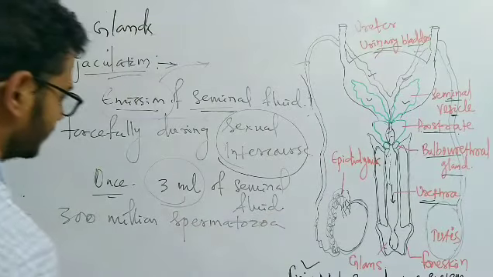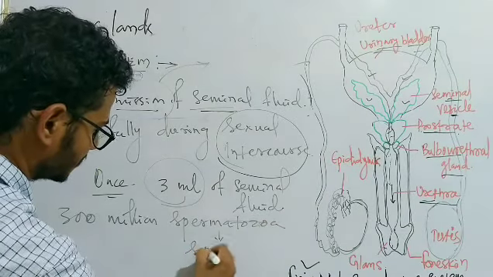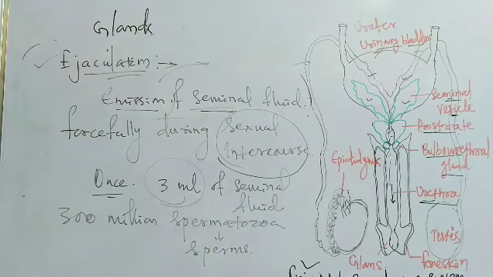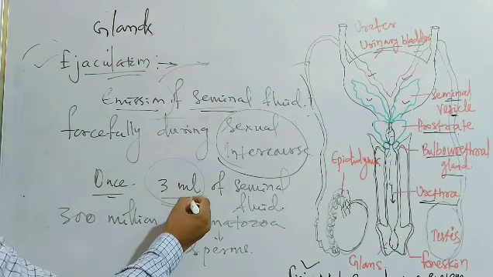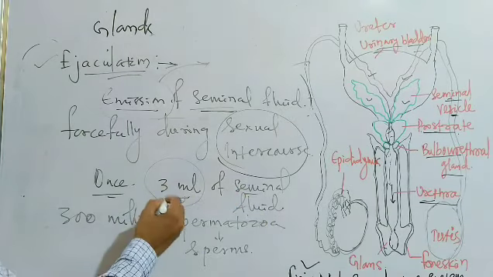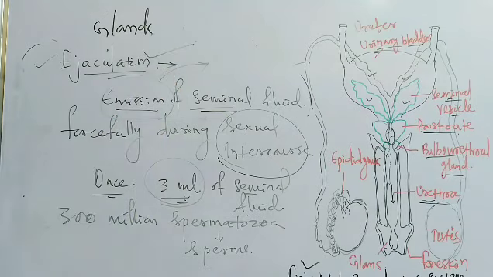Spermatozoa are nothing but the sperms. So in 3 ml of seminal fluid which comes out in a single ejaculation, there are 300 million spermatozoa.